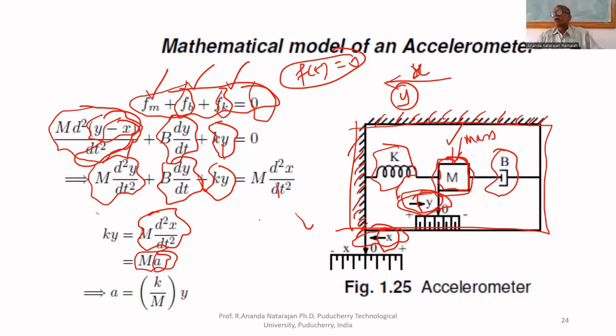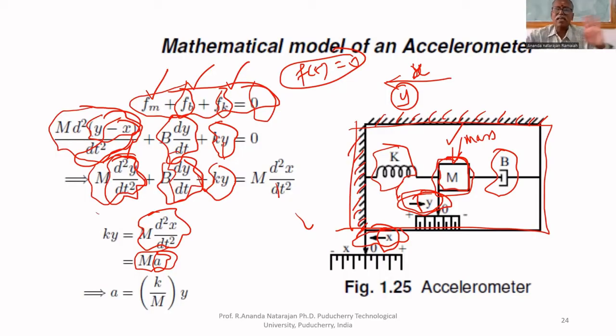For constant acceleration, the change in acceleration, the derivative of acceleration, is 0. In that case, we can assume that d square y by dt square and dy by dt are 0.